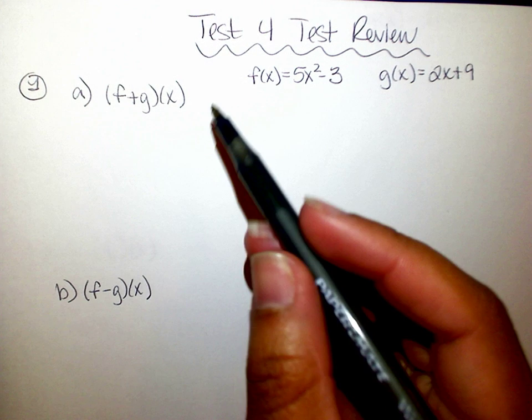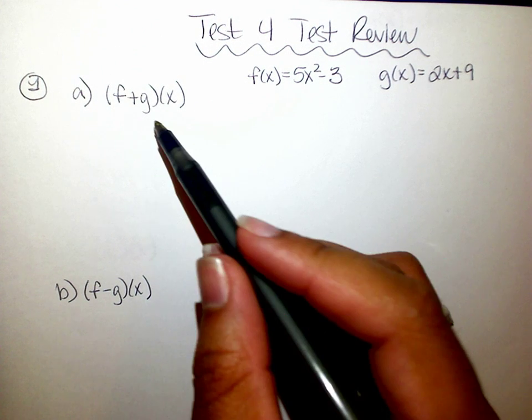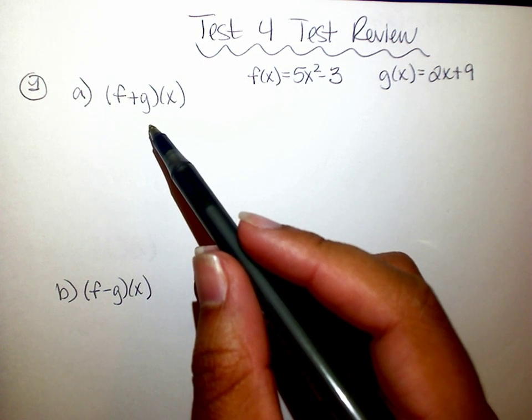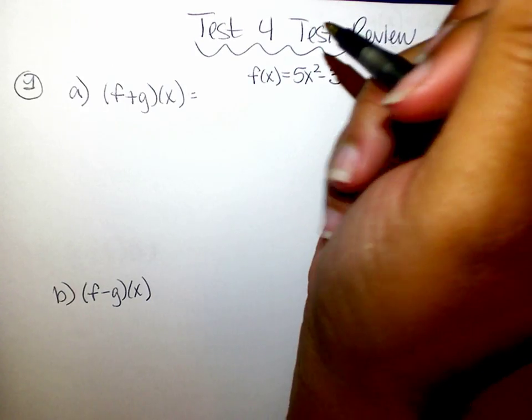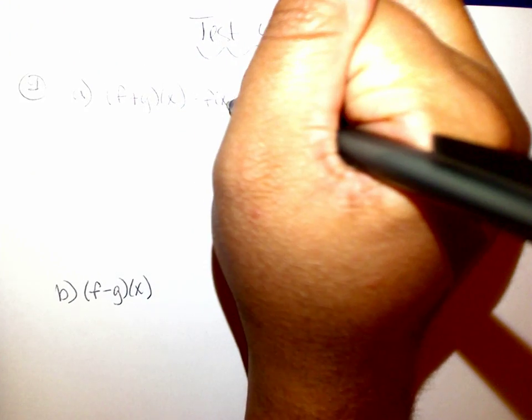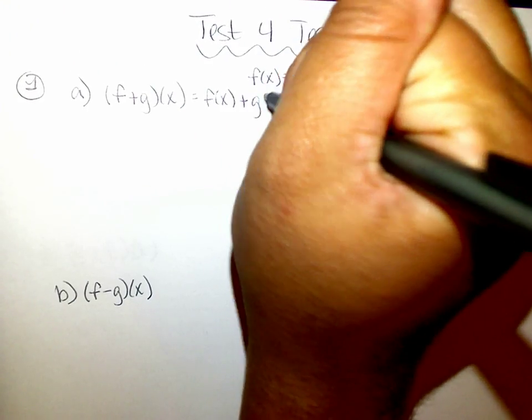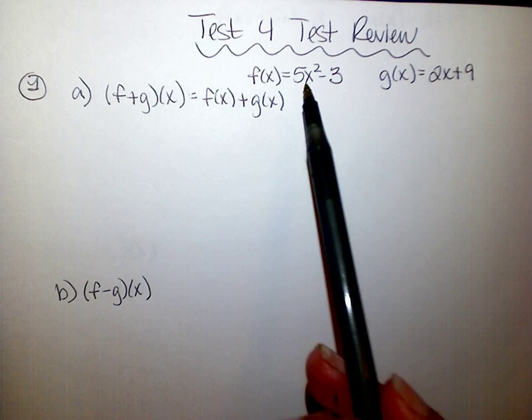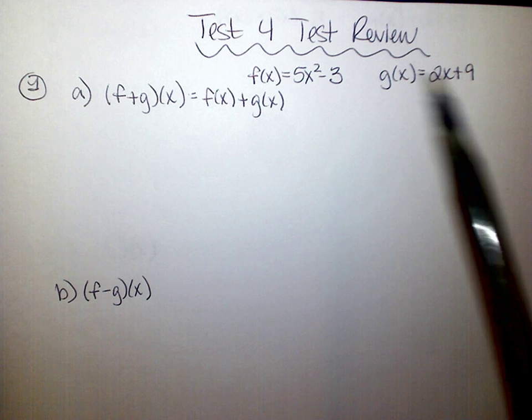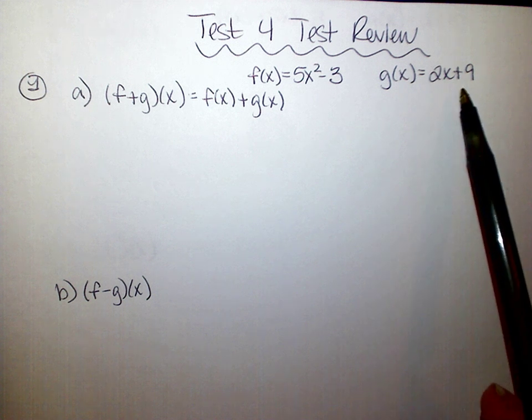So for letter A, you're asked to find f plus g of x. So this is the same thing as f of x plus g of x. You're given that f of x equals 5x squared minus 3 and g of x equals 2x plus 9.